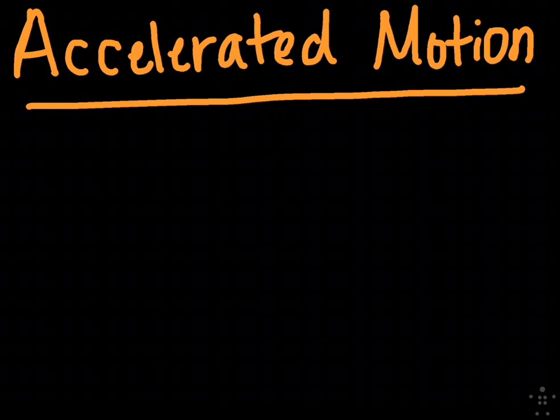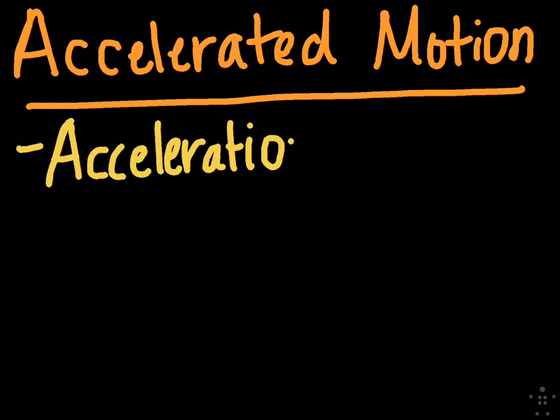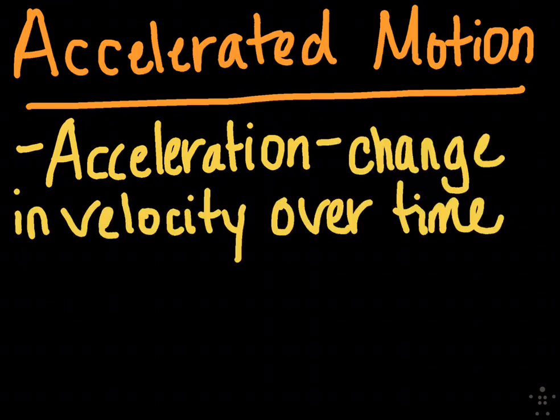So this is where we start talking about acceleration. And there are a lot of misconceptions about acceleration, and we're going to talk about a few of those. So the definition for acceleration is simply change in velocity over time. And velocity isn't a word that we've used yet, actually.